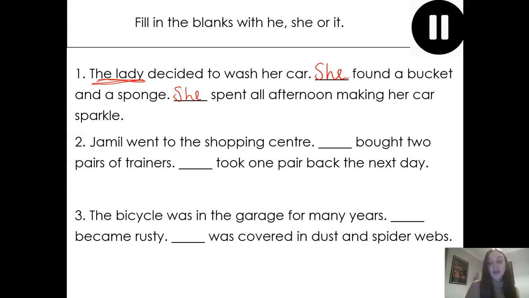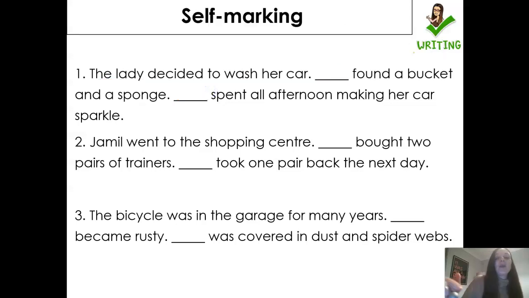Okay, so now you have finished, it's time for us to mark. Grab yourself a different coloured pen and let's go through the answers. Okay, we've done the first one already, but I'll fix it up again. So the first one should say she in both of the spaces. So let's read number 2. Jamil went to the garden. No, he didn't. Jamil went to the shopping centre. Full stop. Blank bought 2 pairs of trainers.